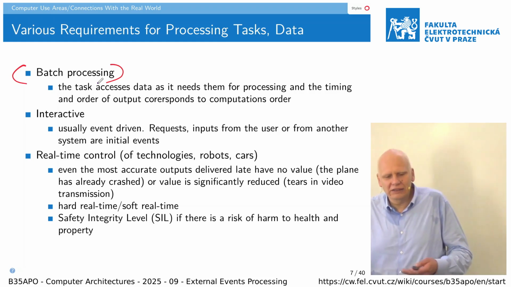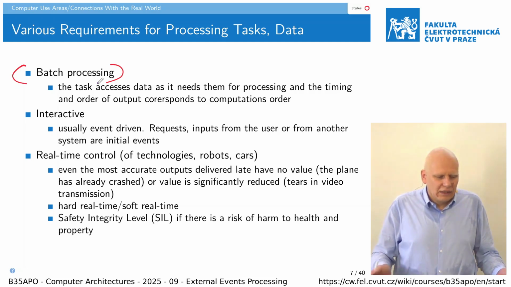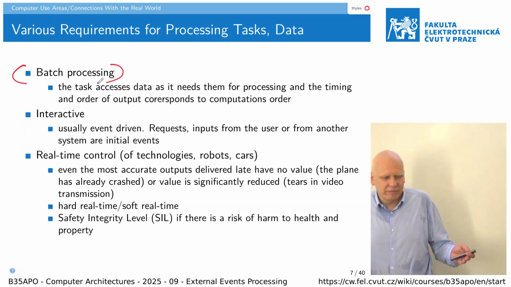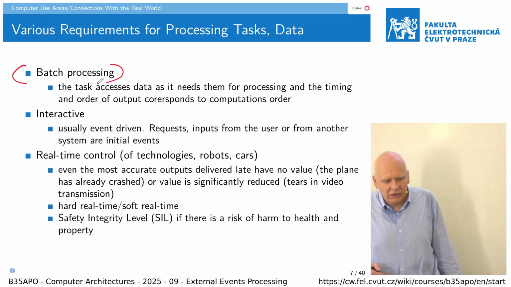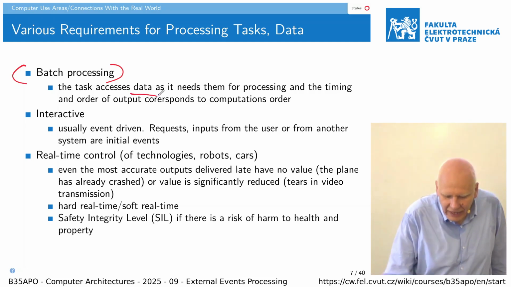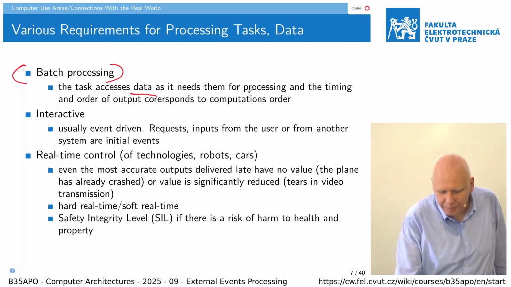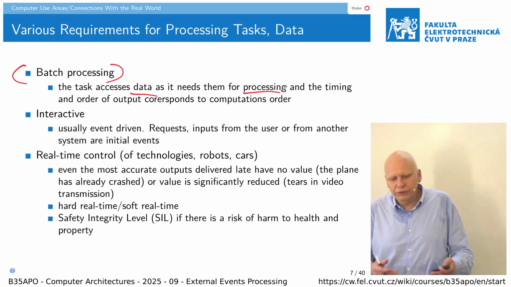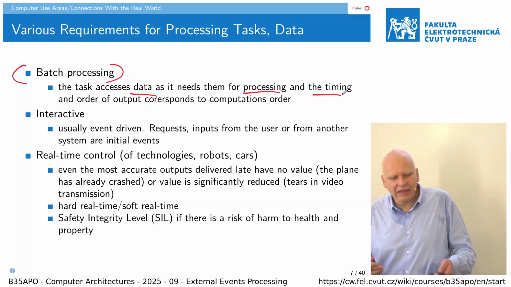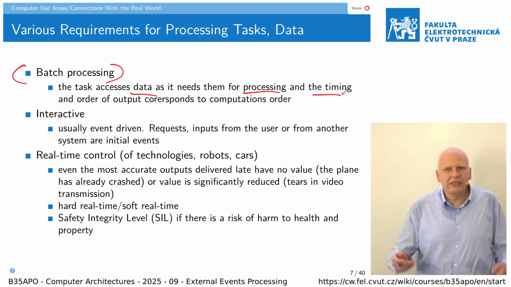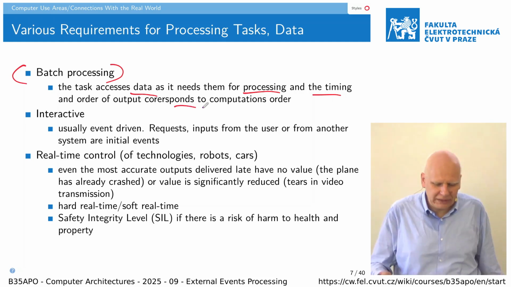Once per month, you want to process data from many companies at some accountancy office or service company, and the access to those data is ordered, as is the processing of those companies' accounts and so on. The timing is given by the speed at which you are able to process the data and store them or print them somewhere and so on.